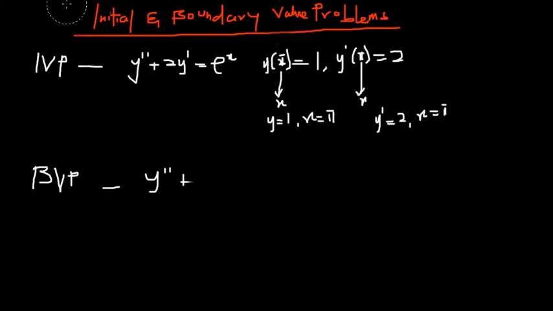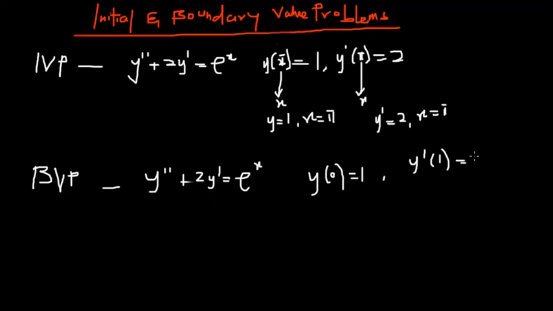We have y double prime plus 2y prime equals e to the power x. So from here we know that y of 0 is 1, and y prime of 1 is equal to 1.